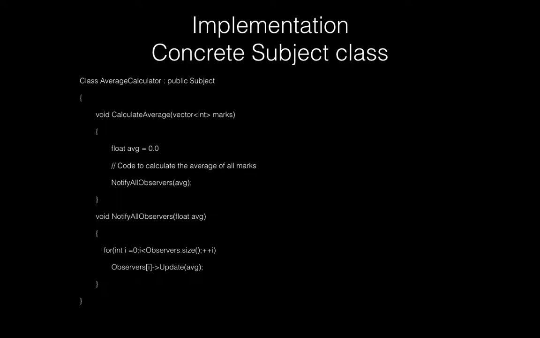We have not put here the code to calculate the average of all marks, and once the average is calculated it notifies all observers by calling the method notify all observers. So in notify all observers, what this subject will do is it would iterate over the list of all observers and call update on each observer.